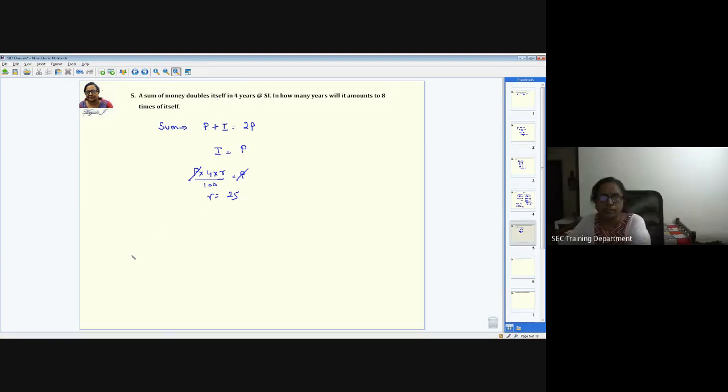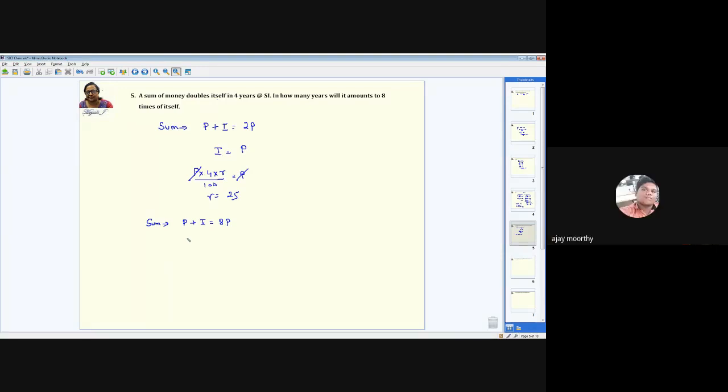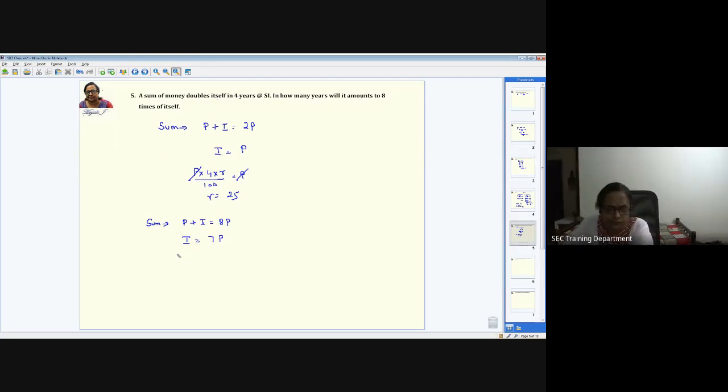In how many years will it become 8 times? So how do you write it? Again the same sum, but now we are going to see it for 8 times. So the principal plus the interest will become 8 times the principal. Therefore, interest is equal to 7P. Replace the values now.